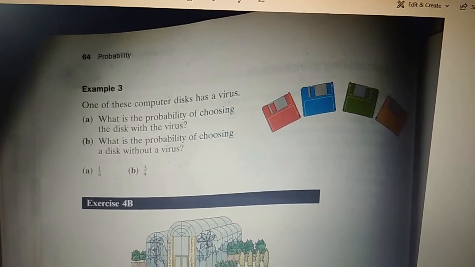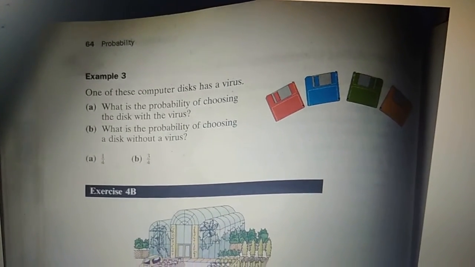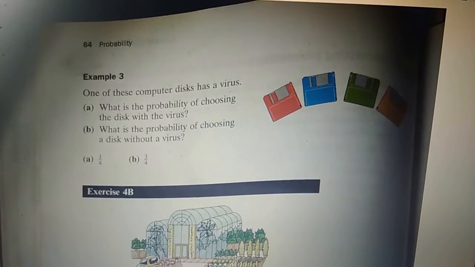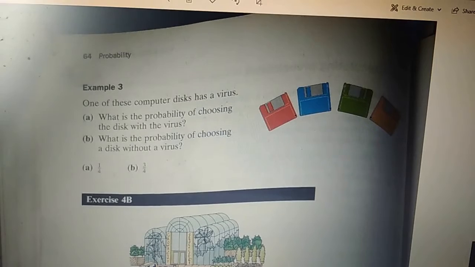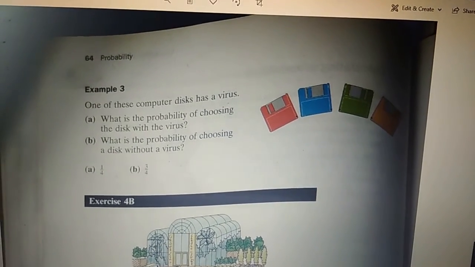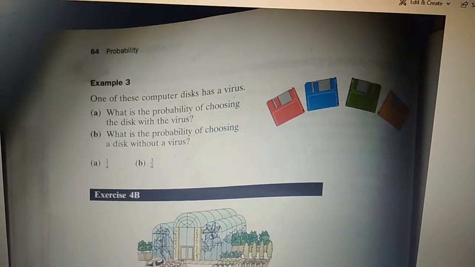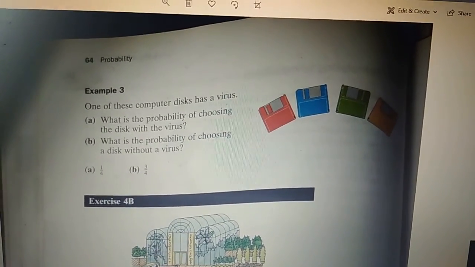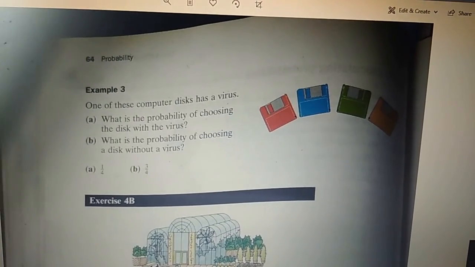The rest 3 don't contain any virus, so the probability of choosing a disk without a virus is 3 by 4. 3 is the successful outcome and 4 is the total outcome in B. In A, 1 is the successful outcome, the disk with the virus, and 4 is the total outcome.